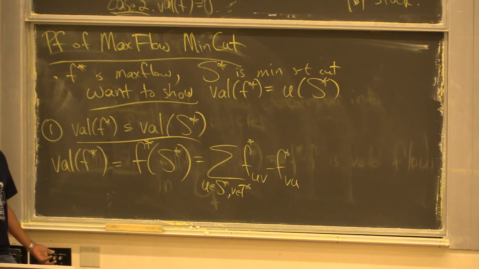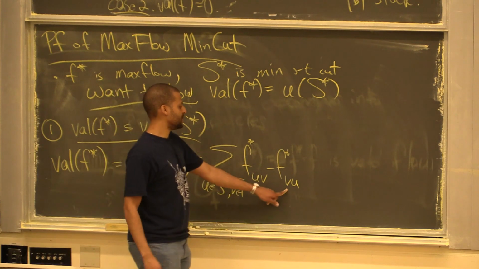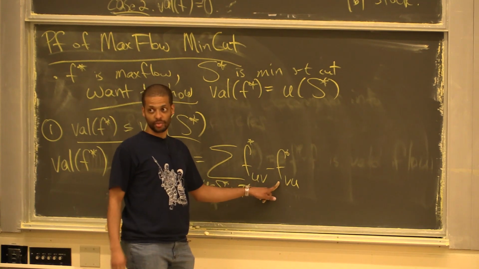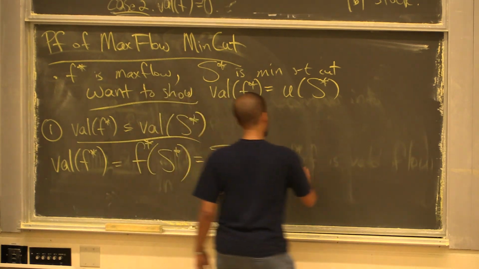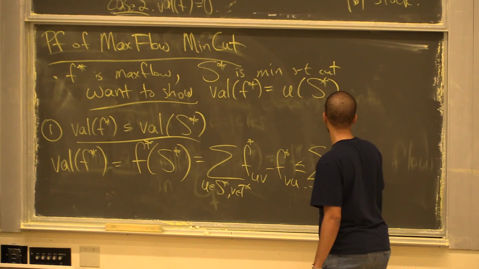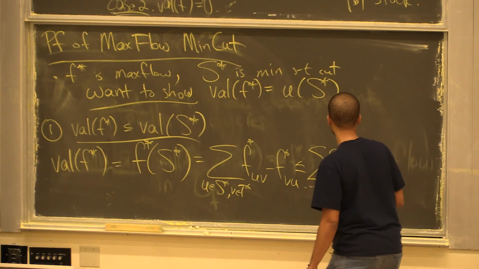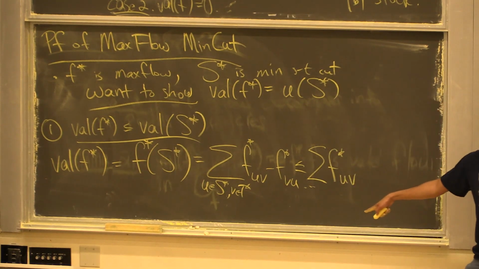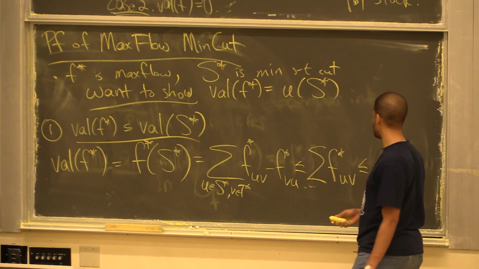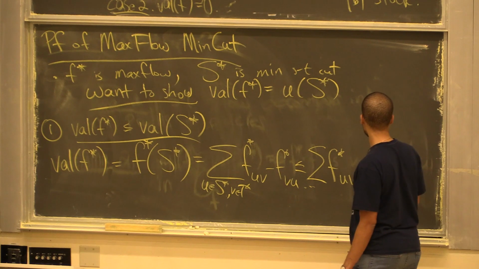Remember, flows are non-negative vectors. So this number here, F star VU, is a non-negative number. So minus it is non-positive. So this is certainly at most that same sum over the same things of just F star UV without subtracting that. And because of capacity constraints, the flow on the edge UV can be at most the capacity of the edge UV.